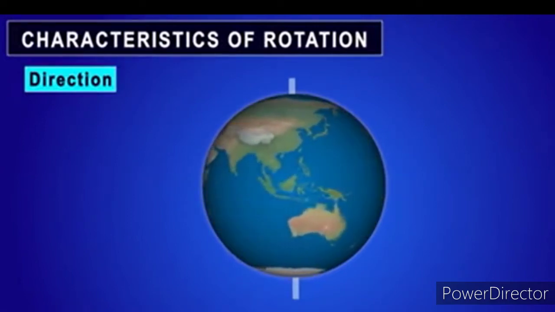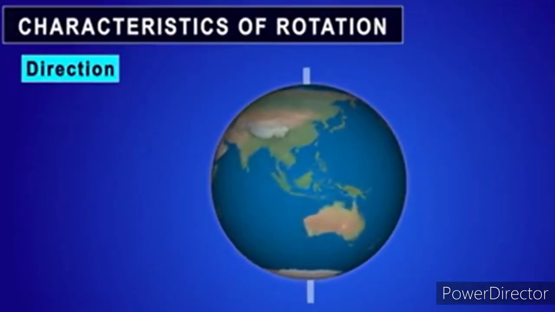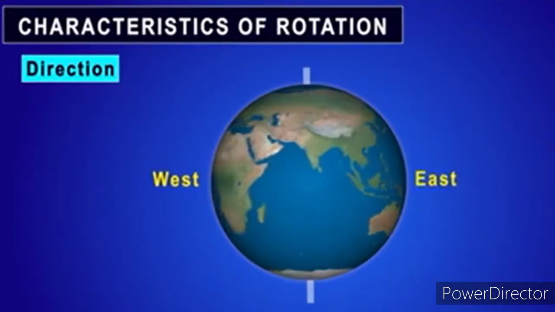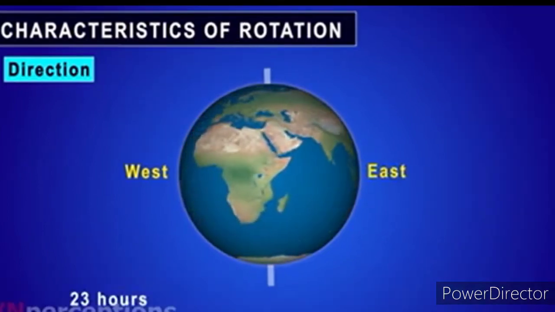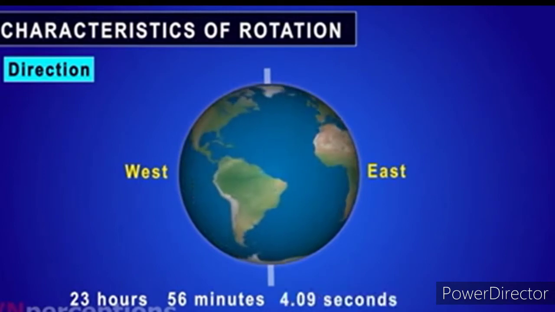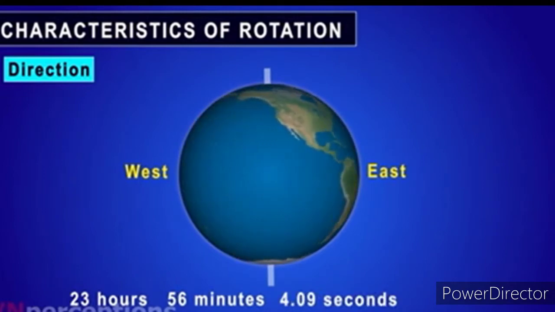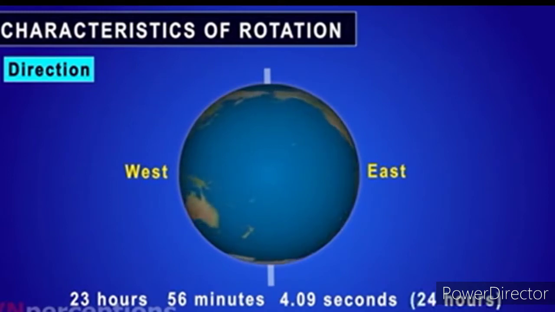The earth rotates constantly in a fixed direction from west to east on its own axis. It takes 23 hours, 56 minutes and 4.09 seconds to complete one rotation. Approximately, it takes 24 hours to complete one rotation.